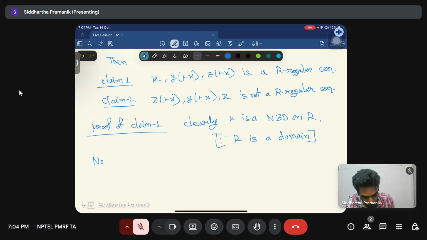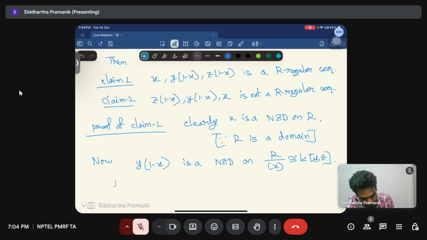So now y times 1 minus x is a non-zero divisor on R mod x. This is basically k of y, z, right?